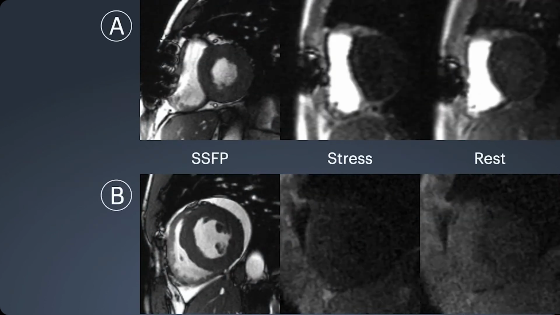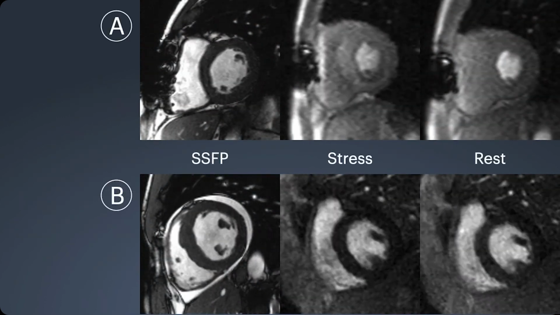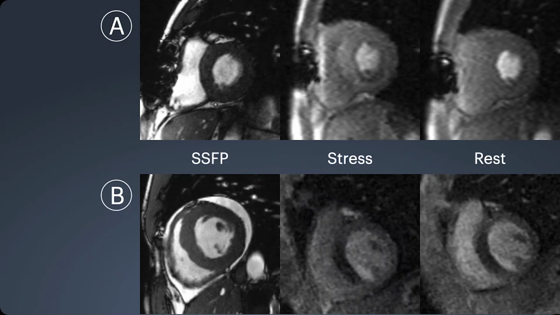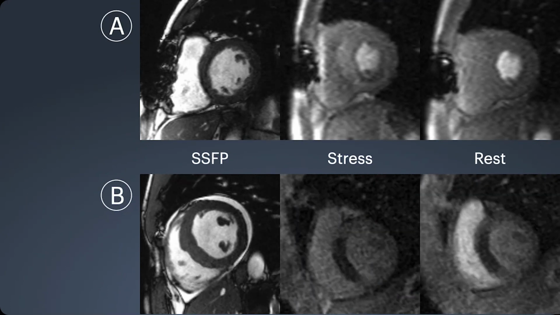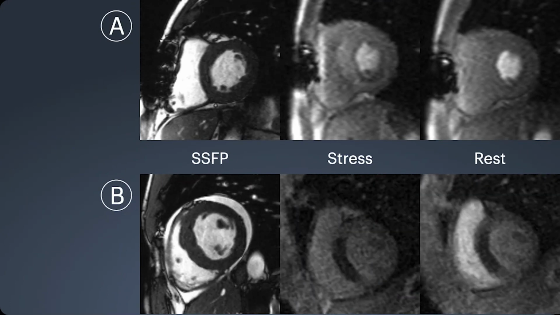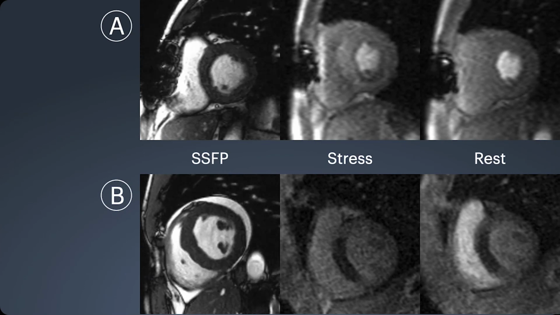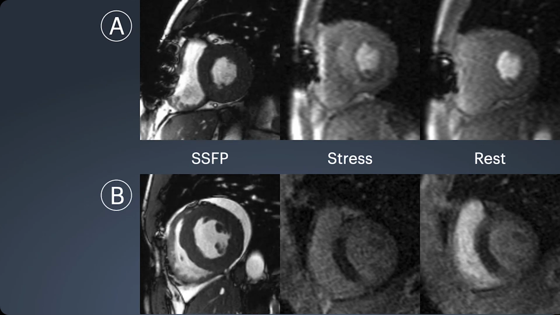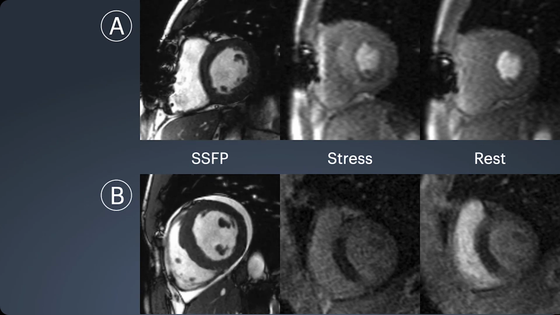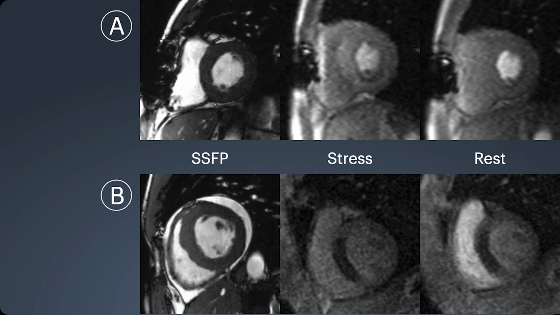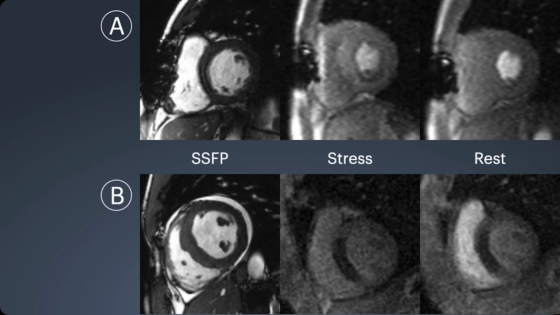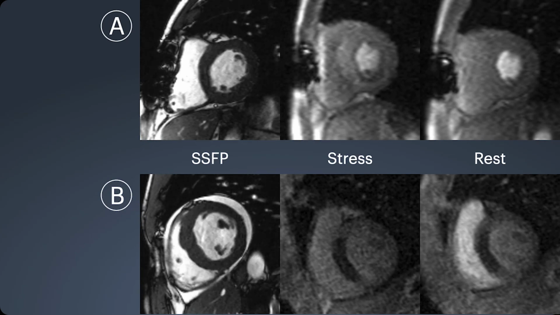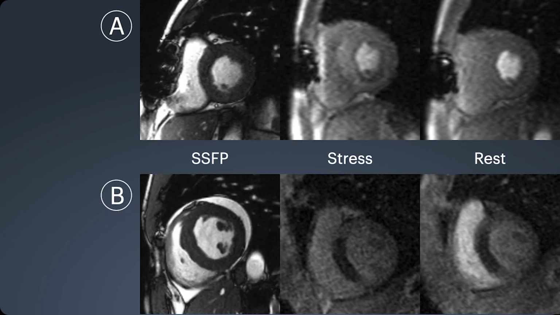So we've got two cases here. Patient A with our SSFP, stress and rest, and then patient B with SSFP, stress and rest. In patient A, we see that there's some apparent perfusion abnormality, particularly along the inferior wall, and it looks like it's somewhat matched on the rest images as well.